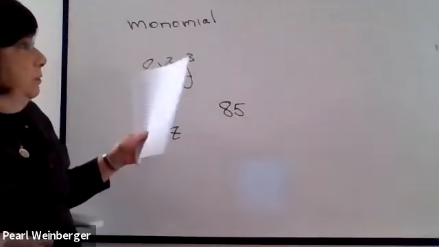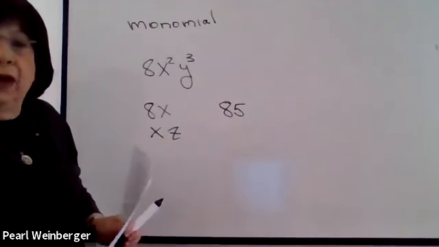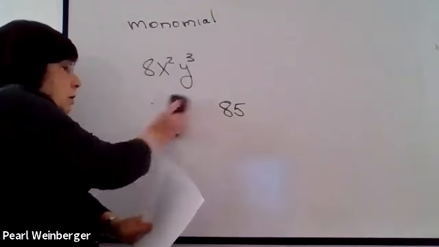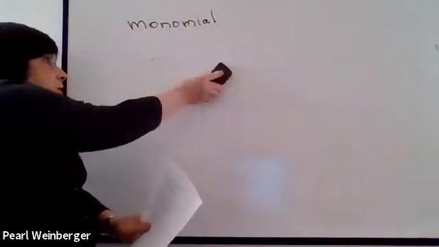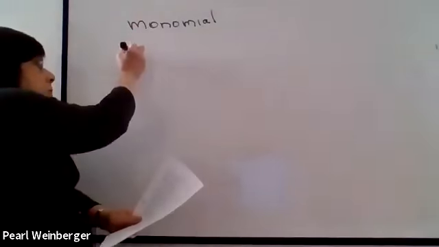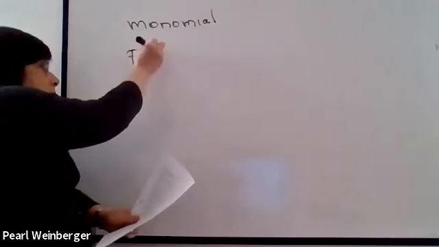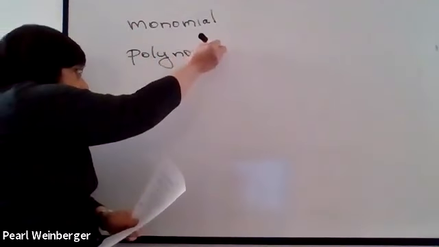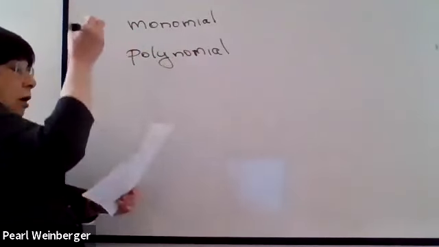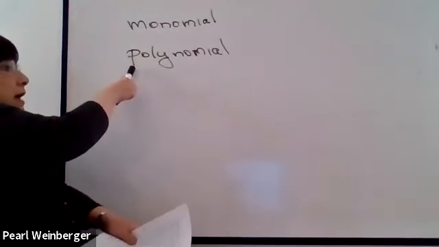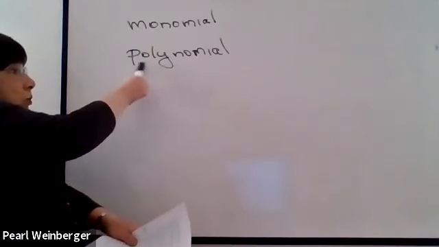Now, this we said was a monomial. So what is a polynomial? A polynomial consists of more than one term. Poly meaning many or more than one.